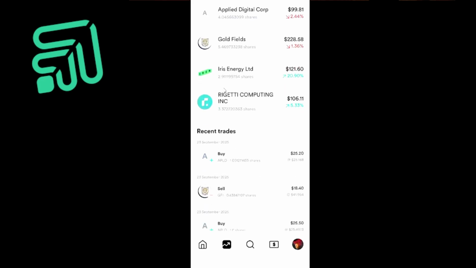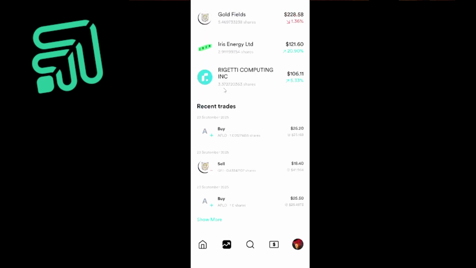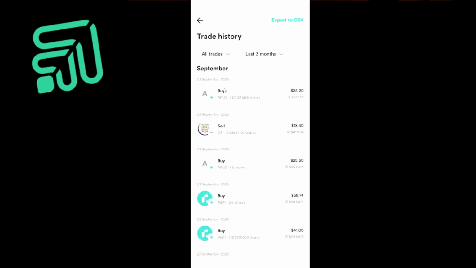So what else? Below are your historical trades or your recent trades. And then you could ask to show more, and then you could also get a CSV copy and convert it into an Excel file.